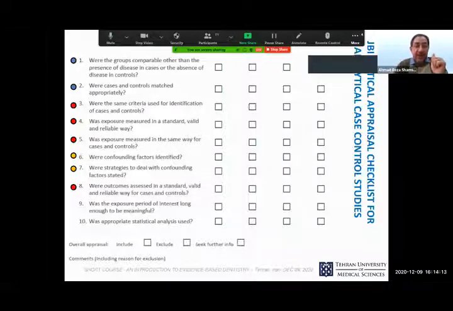The sixth and seventh questions point to the confounding factors. Were confounding factors identified?